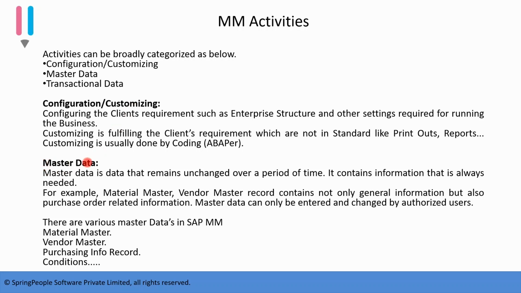Next is master data. What is master data? So we have bought an iPhone 14. Now this iPhone 14 is a material which we have bought. This is called master data. The specification for this iPhone 14 doesn't change that frequently, in a sense it doesn't change at all.